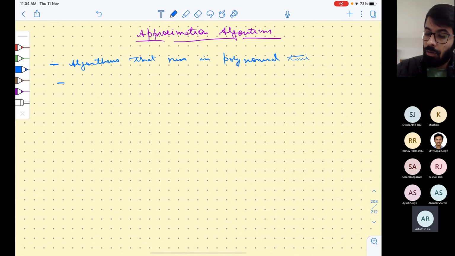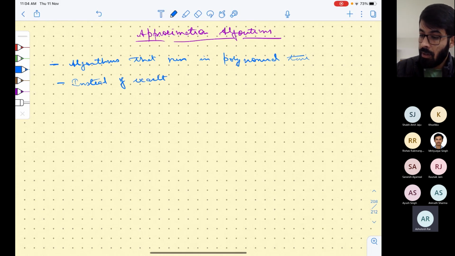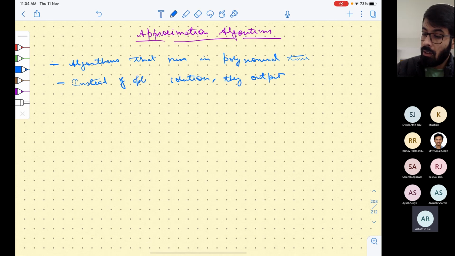But instead of exact solution, instead of optimum solutions, they output solutions which are close to optimum.